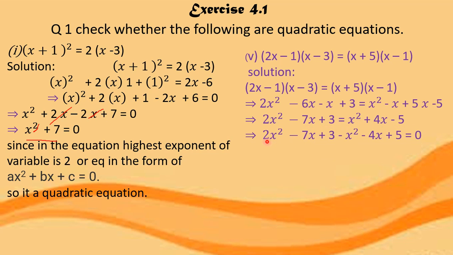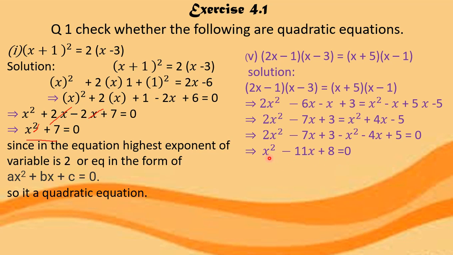So we get 2x square minus 7x plus 3 minus x square minus 4x minus 5 is equal to 0. Now again, like terms: minus 7x and minus 4x becomes minus 11x. 2x square and minus x square becomes x square, and the constant terms plus 3 and plus 5 is 8. So we get x square minus 11x plus 8 is equal to 0.